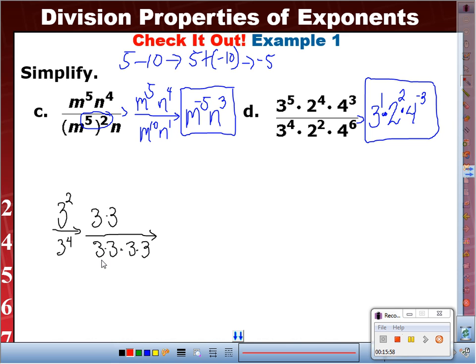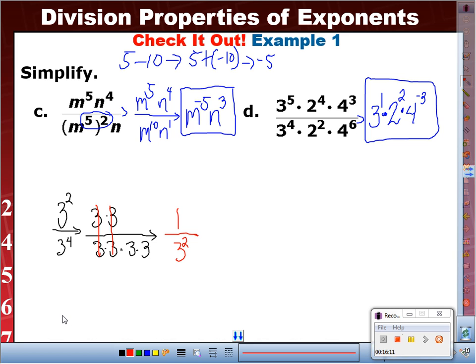Do you agree with that so far? This is a 1, this is a 1. So, what do I have in the numerator? 1 times 1 is 1. Denominator is 1 times 1 times 3 times 3. This is 3 to the second power. Do you agree that this is this? Yeah. So far so good, yes? Yeah. Without using the quotient of powers property.